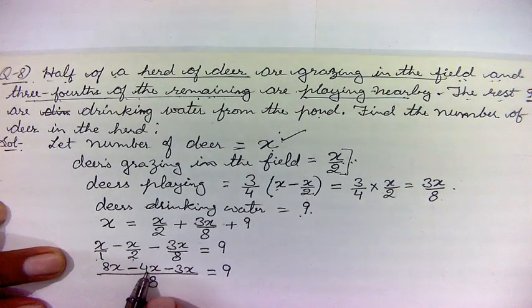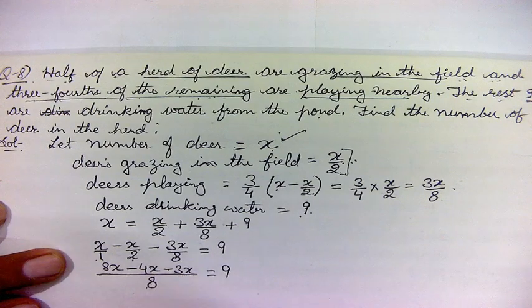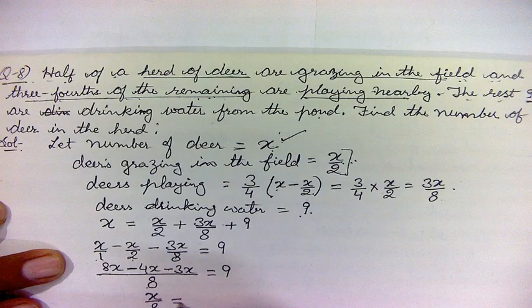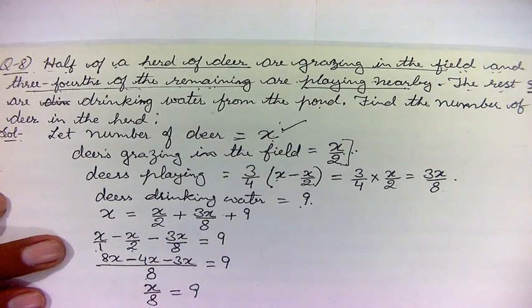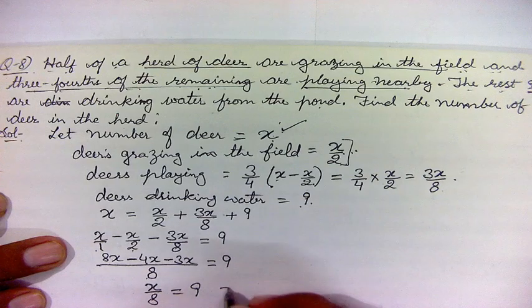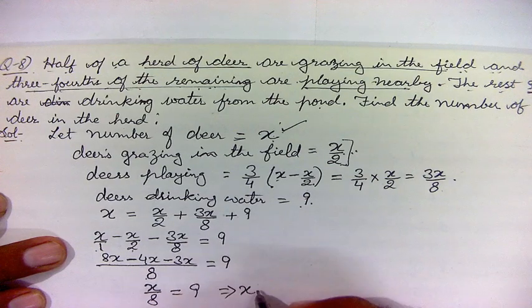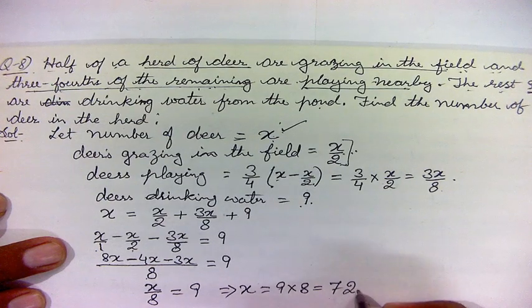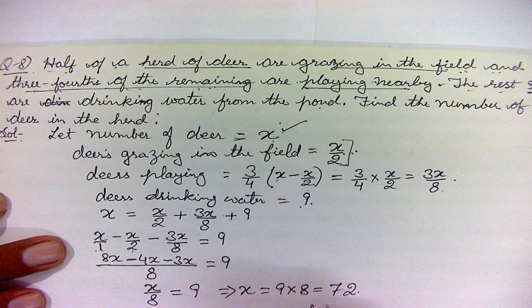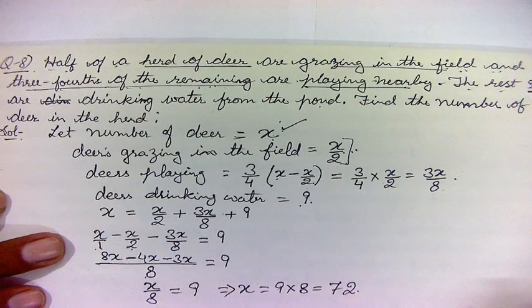So 8x minus 4x is 4x, 4x minus 3x gives x, so x upon 8 equals 9. Therefore x equals 9 multiply 8, that is 72. So we get the value of x as 72.